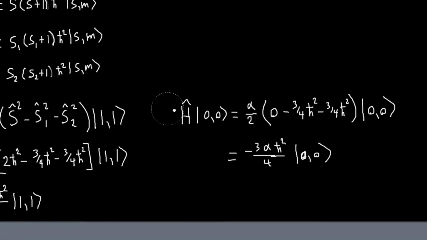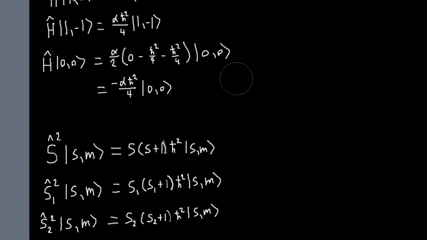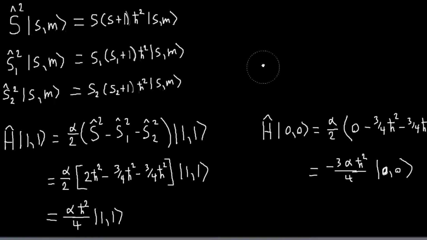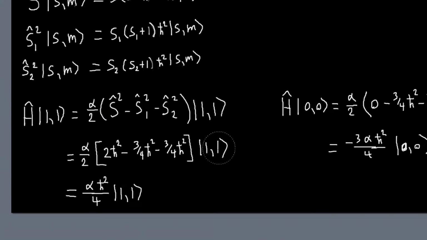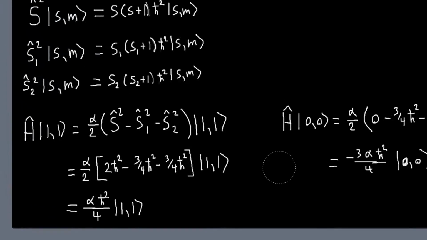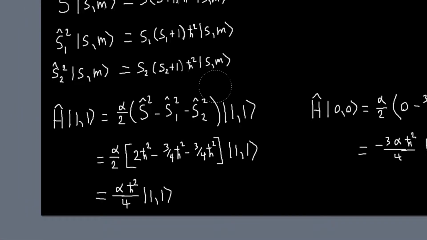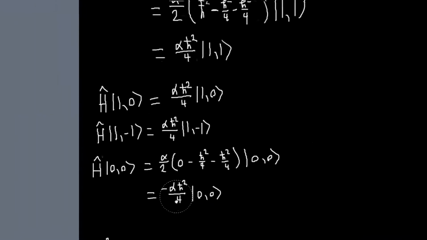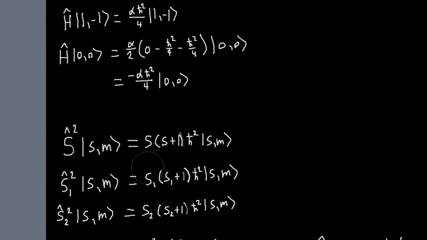So again, the point of all this is that now that we know the eigenstates of this Hamiltonian ahead of time, and we know the eigenvalues, we can immediately write down our solution by applying the time evolution operator to our state, expanded in terms of these kets. The only nuance is that in calculating these eigenvalues directly from this operator, you have to know that they act in a peculiar way, or the eigenvalues are not exactly what you would expect from these operators.